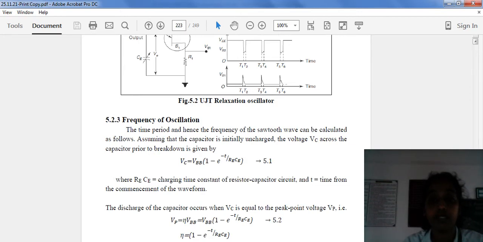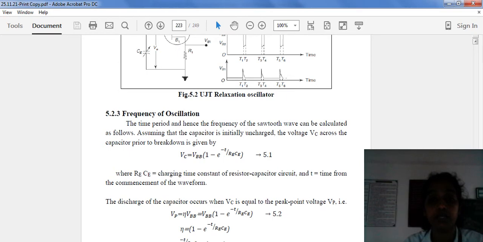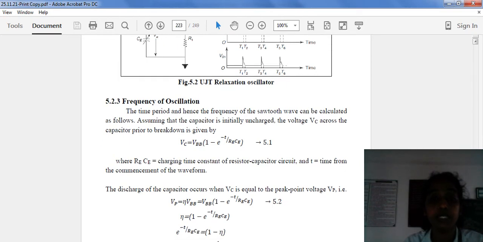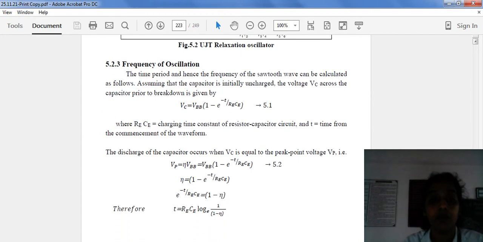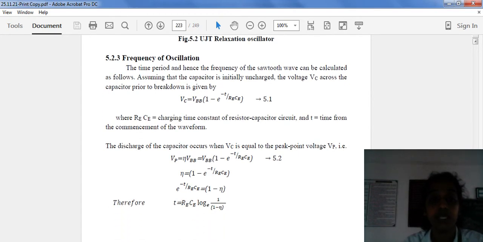Assume the capacitor is initially uncharged. The voltage VC across the capacitor is given by VC equals VBB into 1 minus e power minus t by the time constant RC. When the capacitor discharges at the point Vp, which is given as eta into VBB, where eta is the intrinsic standoff ratio, we get eta equals 1 minus e power minus t by RC.